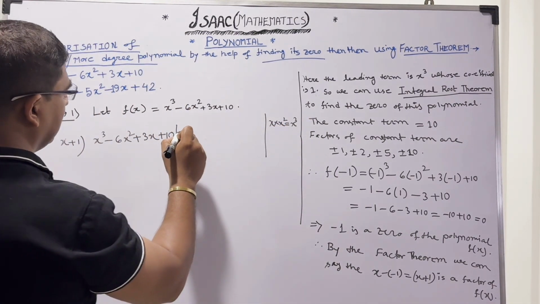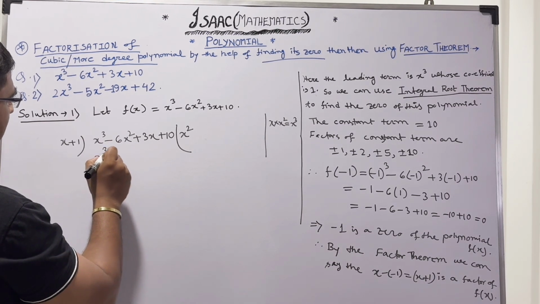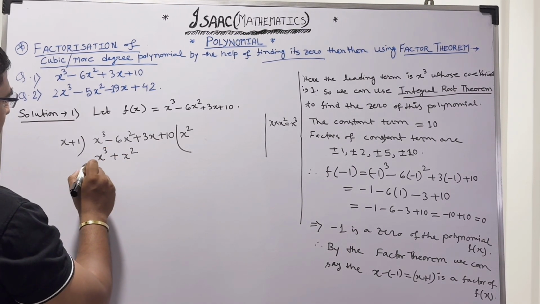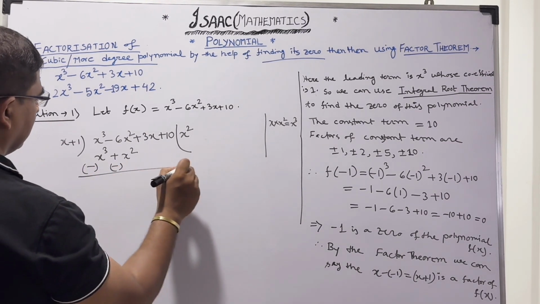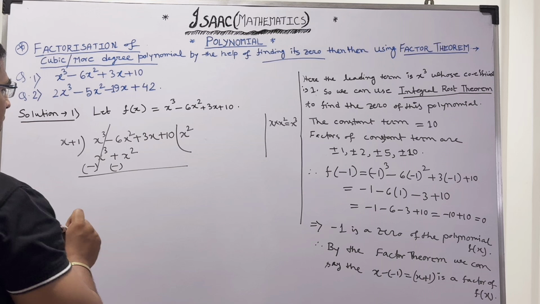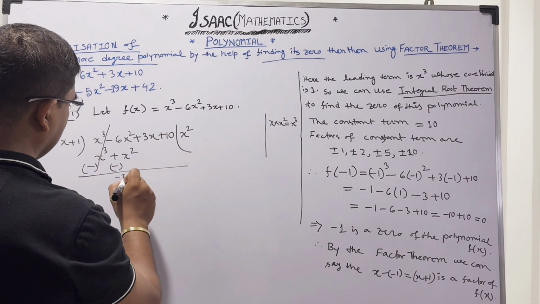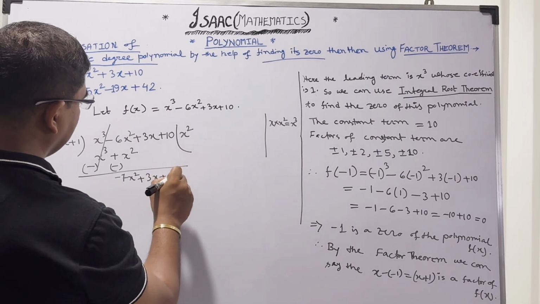So in the quotient there will be x square. After multiplying we have x cube plus x square, and after subtracting we have minus 7x square plus 3x plus 10.